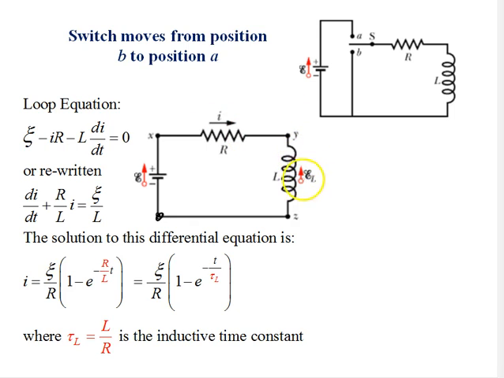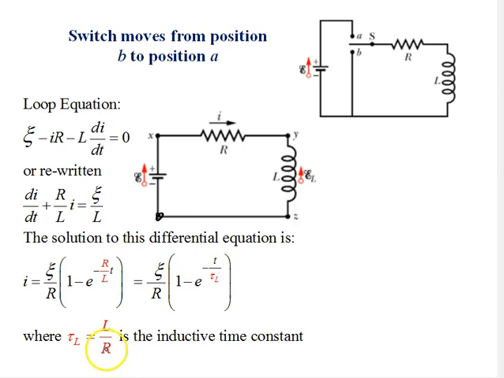Now we're going in the opposite direction of the EMF for our inductor, so we have minus L dI/dt, or we can rewrite that as dI/dt plus R over L times I is equal to E over L, our EMF divided by the inductance. We'll show the solution on the next page, but the solution is that the current through the inductor is equal to the EMF divided by the resistance times 1 minus e to the negative R over L times t, where R over L is 1 over tau L.